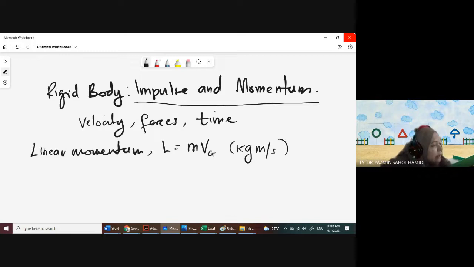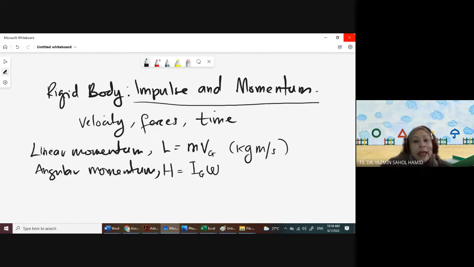Another thing that I need to tell you about is angular momentum. For angular momentum, we can use the symbol H, and the formula is H equals to I_G omega.